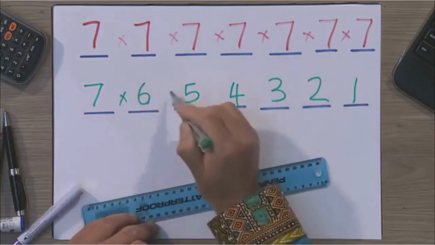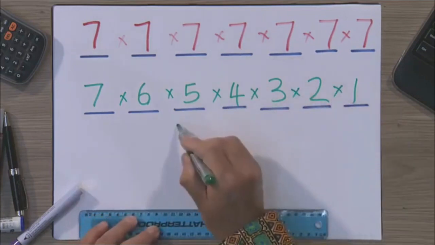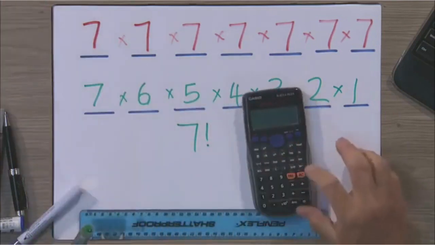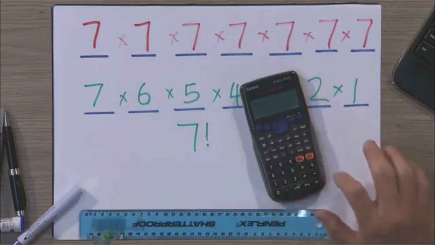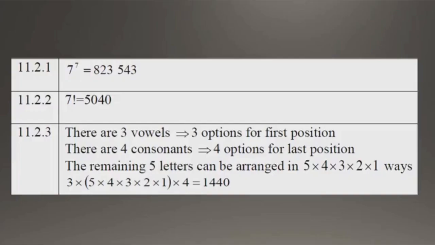And when we multiply these, you may recognize this particular format can be simply written as 7 factorial. Take your calculator. Let's find the value of 7 factorial. Can you see the answer? 5,040 ways. There we have it.